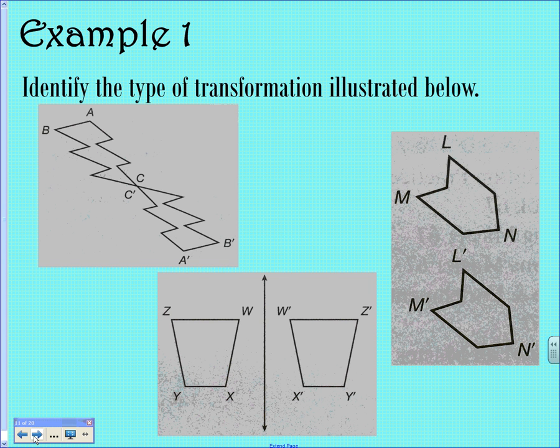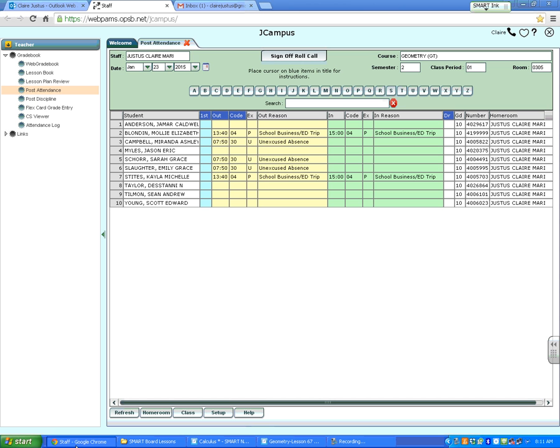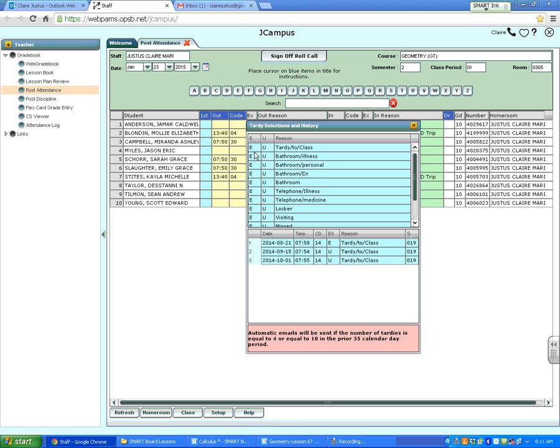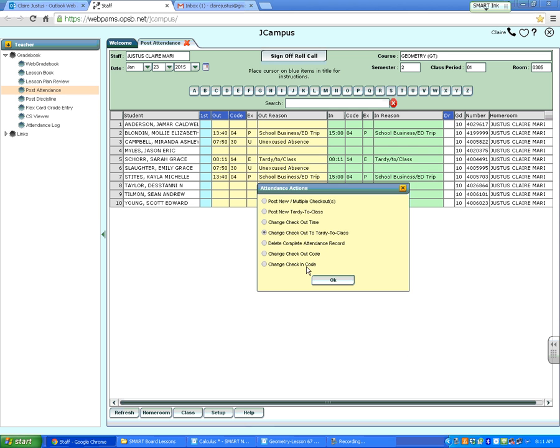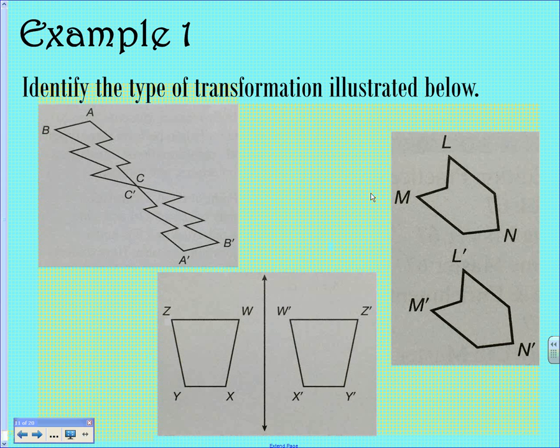Alright, so we have 3 pictures that we want to figure out the type of transformation illustrated. So what is this picture up here on the left?